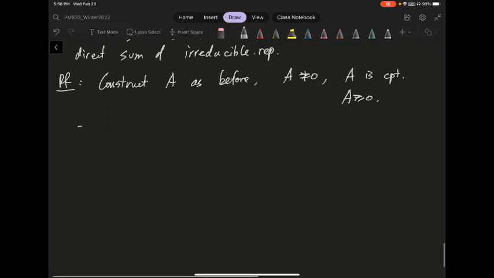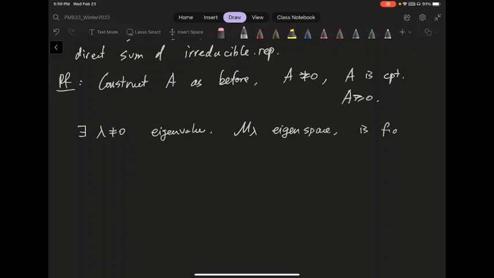So in particular, there exists some non-zero eigenvalue lambda, so that if you consider the eigenspace M lambda, this eigenspace is finite dimensional. And for every psi inside this space, A psi is just equal to lambda times psi, all right?